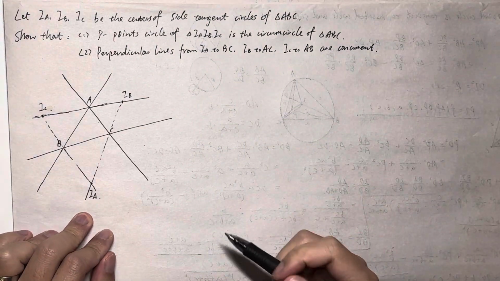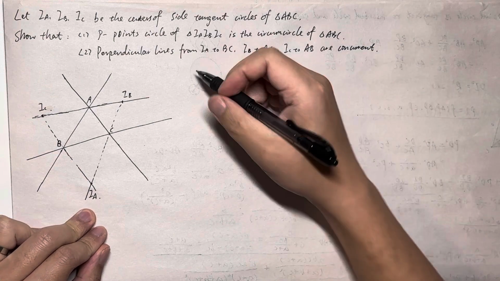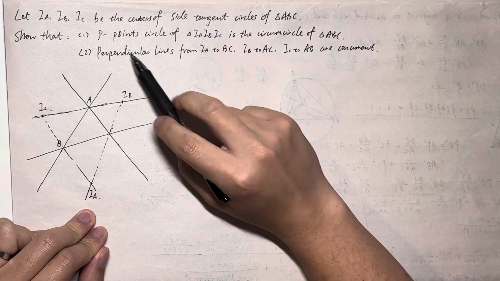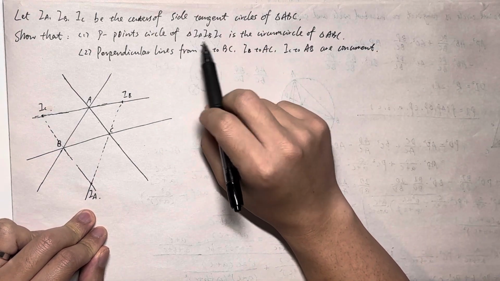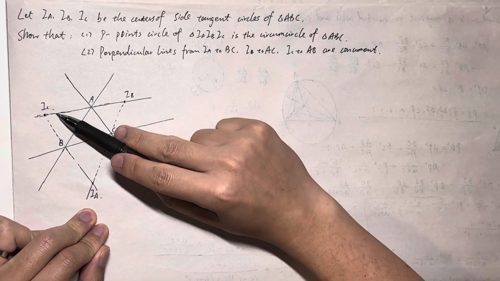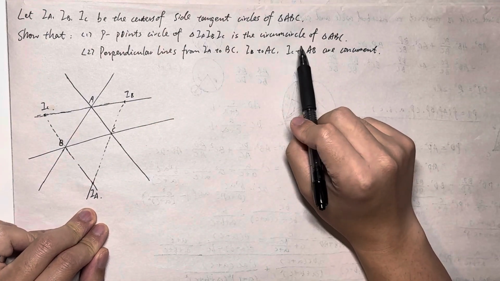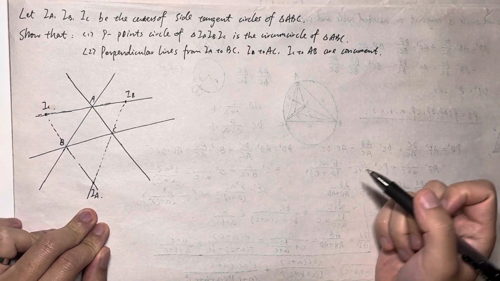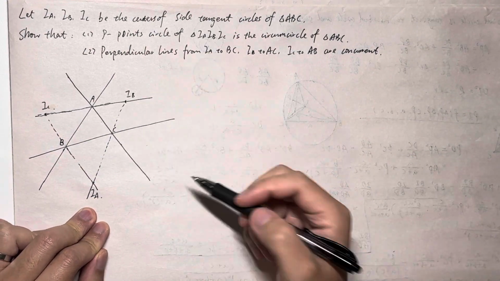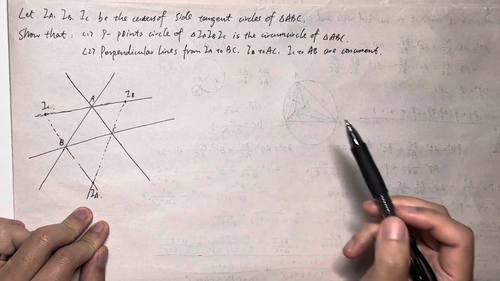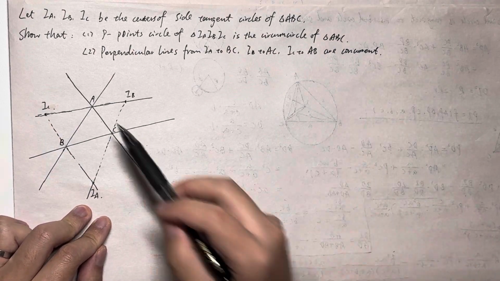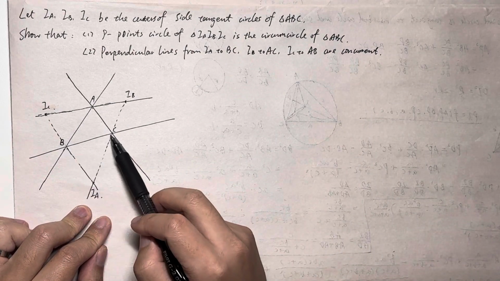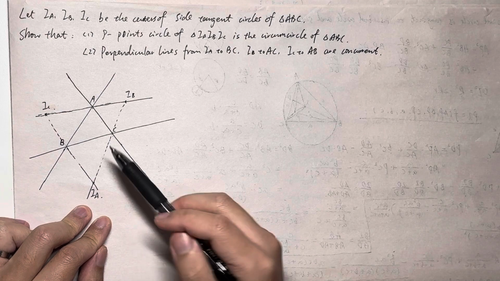So the thing we want to prove is that the 9-point circle of triangle IA, IB, IC is the circumcircle of triangle ABC, right? Think about this. Circumcircle of triangle ABC means A, B, C are on its circumcircle.